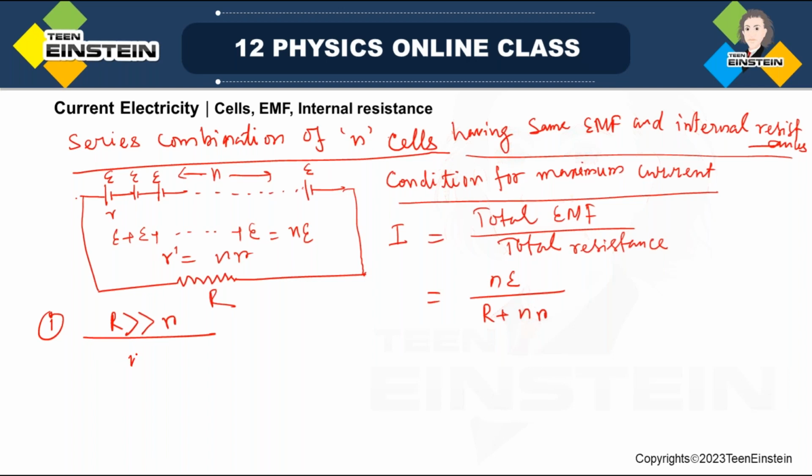If this is the case, look what will happen. Then nr can be neglected, right? The internal resistance can be neglected, isn't it?